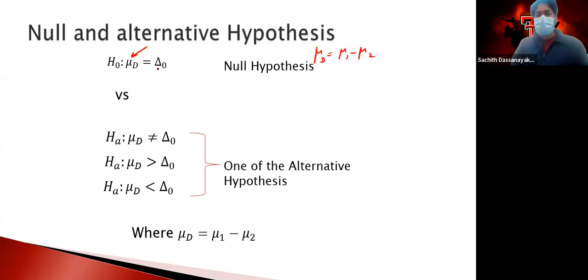The null hypothesis always equals something, which can be 0 or any value. According to the three scenarios, the alternative can be not equal, greater than, or less than. This mu d is the mean difference.